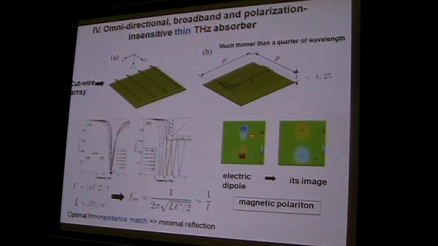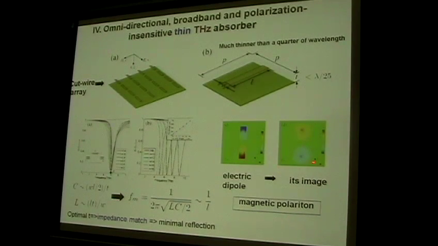In the current distribution, you see the positive charge and the negative charge at the two far ends oscillating, and because there's a ground plane, just below the negative charge there's a positive charge, the image.